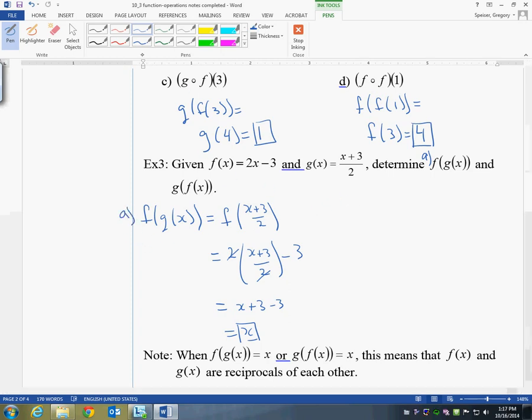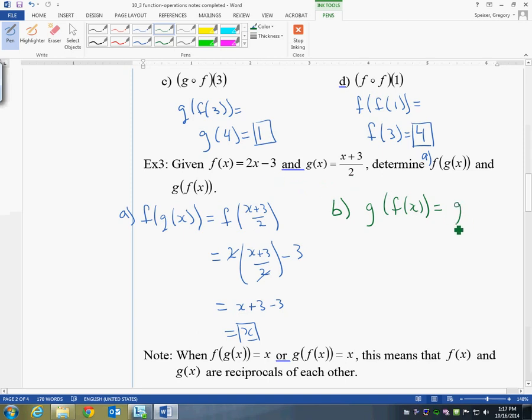And then part B. Seems like a good time for a new color. So g of f at x is equal to, okay, f of x is equal to 2x minus 3.